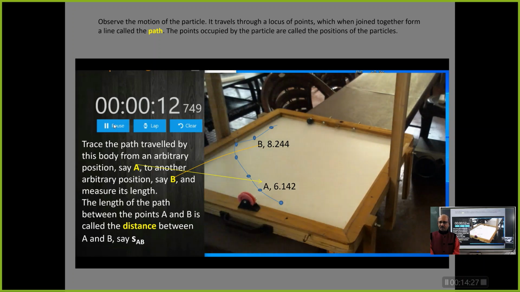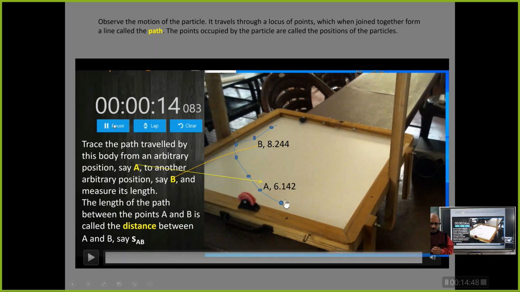What did you observe? The object is now occupying different points at different instances of time. Not points, positions. It is occupying different positions at different instances of time. Okay, right. And what else did you see here? The body, as it is traveling, is moving along a locus of points.